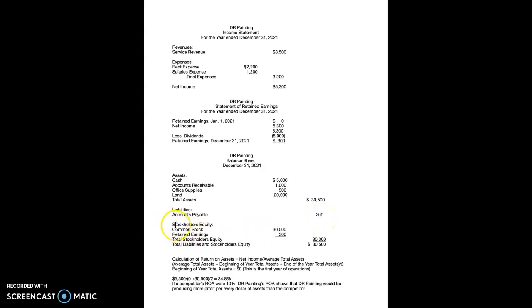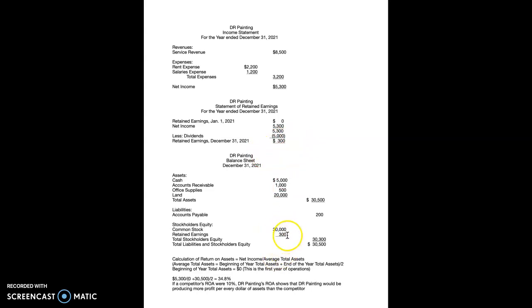Now we're on to the next section, stockholders' equity. So title it stockholders' equity. And it's tradition to start with common stock first, and its account balance, and the retained earnings balance. And remember, we're getting this balance from our retained earnings statement.